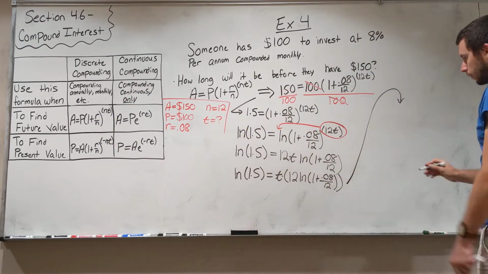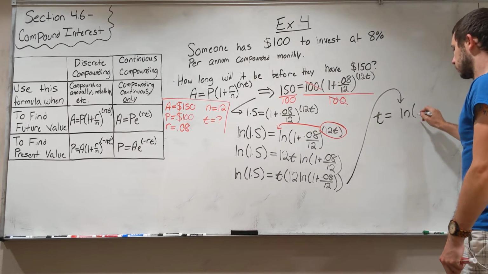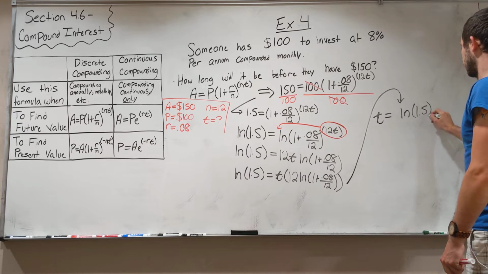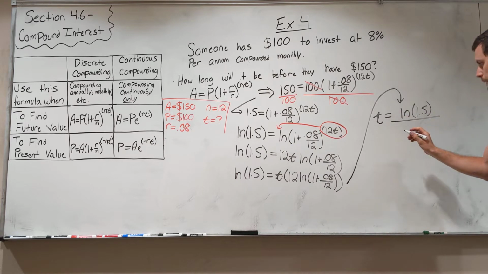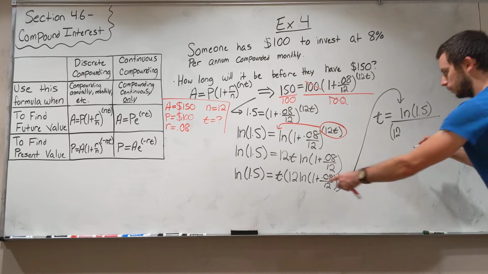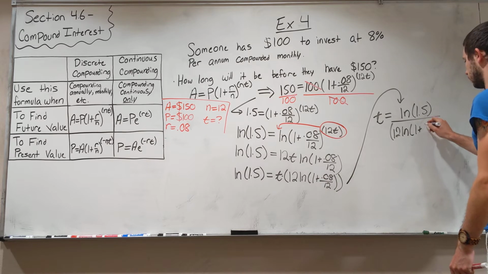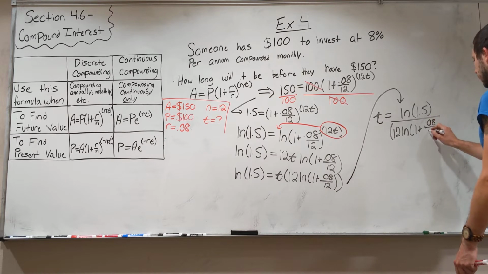And by dividing all of that stuff, you end up getting natural log of 1.5, all of that divided by parentheses, 12, natural log of 1 plus 0.08 divided by 12.